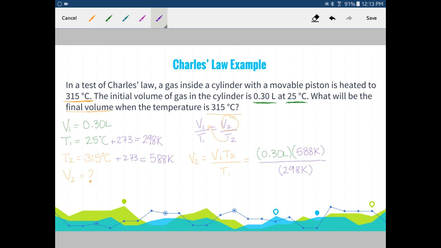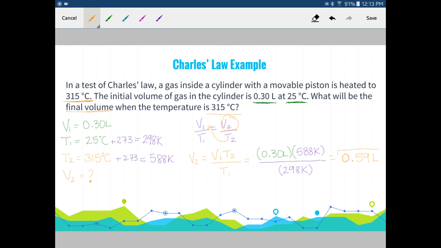Because I have an increase in temperature, I do expect to have an increase in volume as well. So when I do my math of 0.3 times 588 divided by 298, I get that my new volume is equal to 0.591, or 0.59 liters.